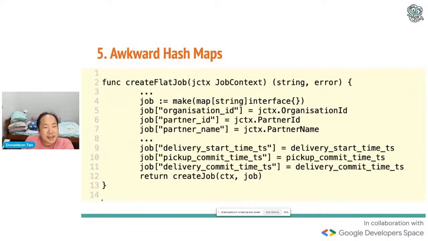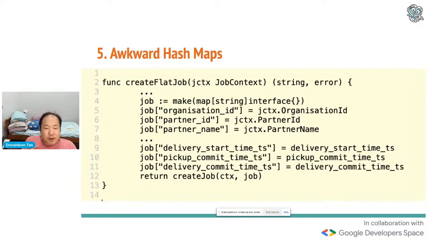Another one that commonly pops up is what I call the awkward hash map. Why is it awkward?